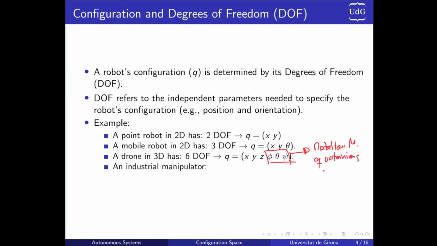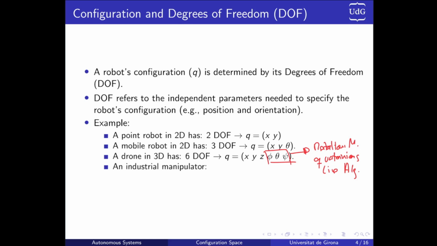Or you can also use the Lie algebra, but I don't know if Pere will explain it a little bit, and I'm not going to use it in my courses, okay? But rotation matrices and quaternions are what is in the ROS libraries, especially in the second semester when you have to really program the robots. You will see that we don't rely a lot on Euler angles. We prefer to use rotation matrices or quaternions.